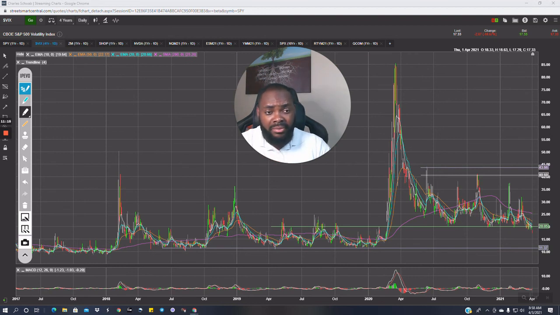It just makes sense. The conditions support being long, not in everything, but in the right things, the right stocks that, you understand the story, the right stocks that the chart supports price action actually moving more to the upside. All right, so this is how I'm looking at the overall market, guys.